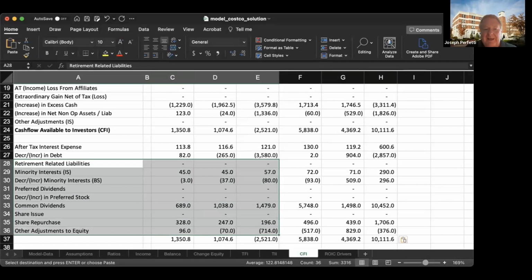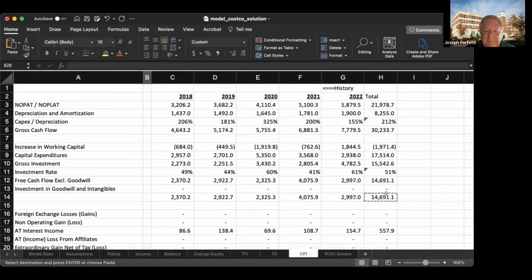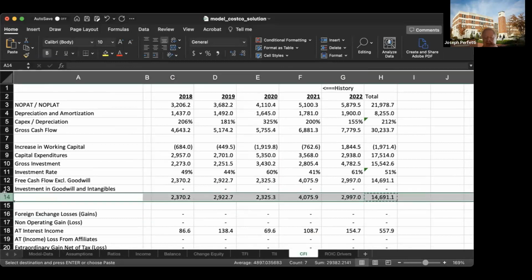If I look at the CFI, it's the $15 billion, 14.691 of free cash flow. And whether I pay a dividend or whether I buy back stock, that doesn't change.